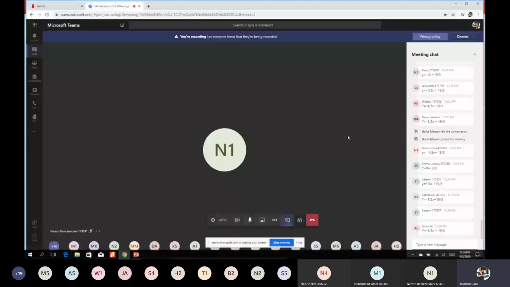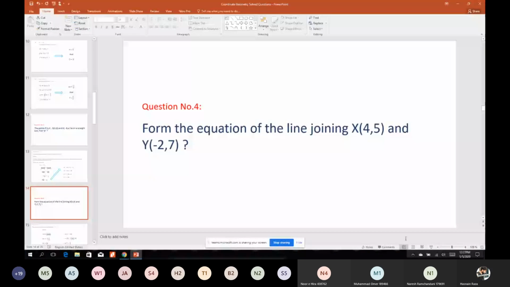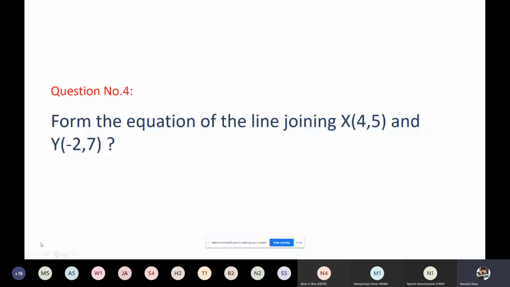The students who do not get this, please seek to understand. Okay, we are given two points, x and y.